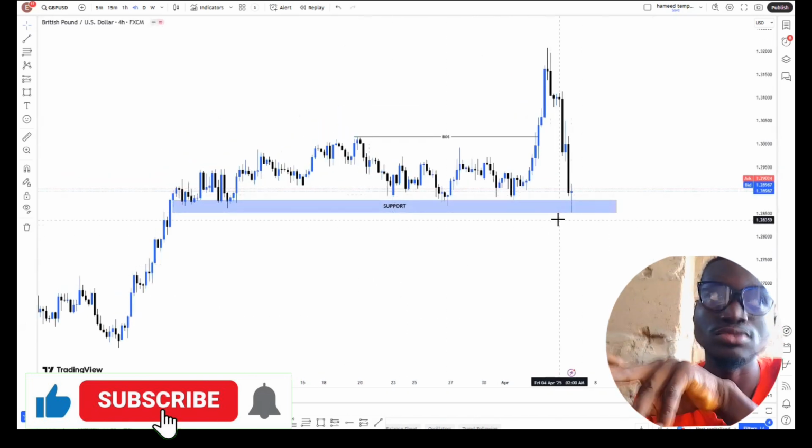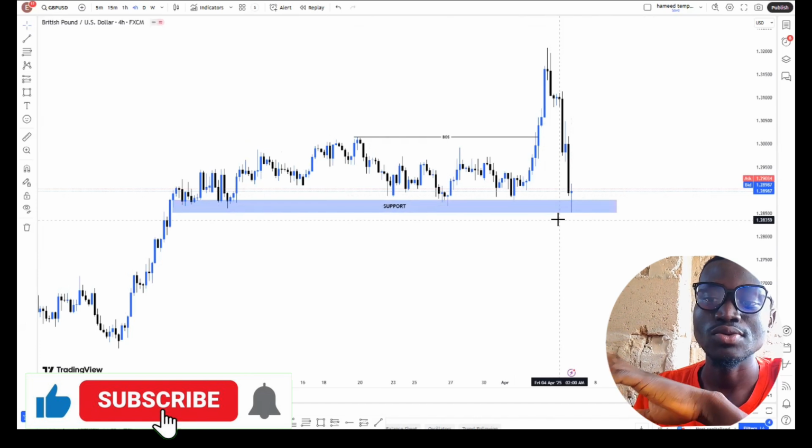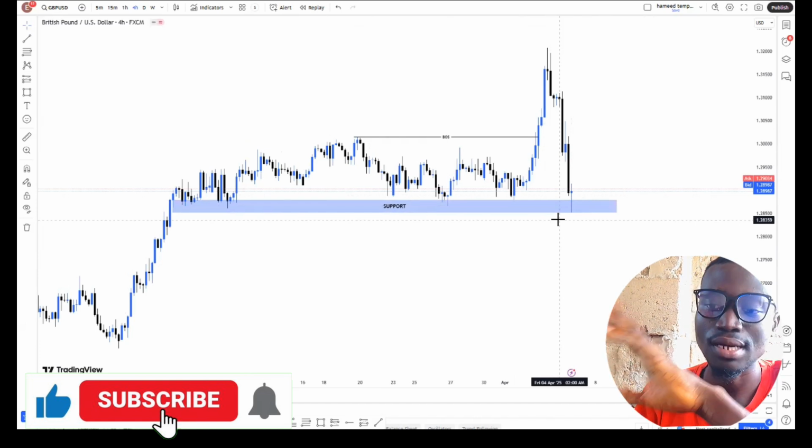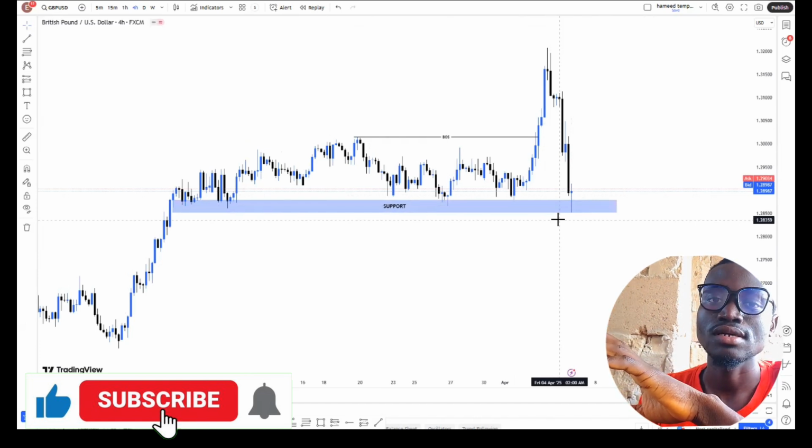Since we have this support zone, what should we be expecting next? We are expecting a buy with this candle here.